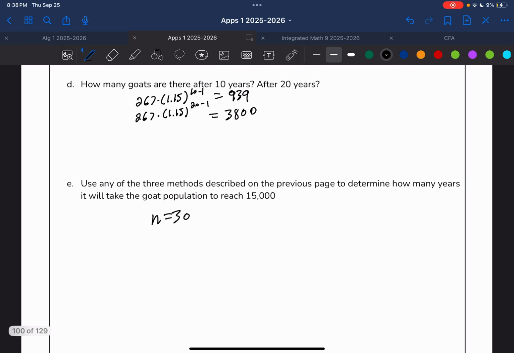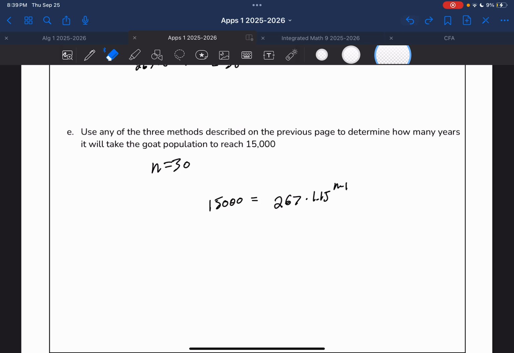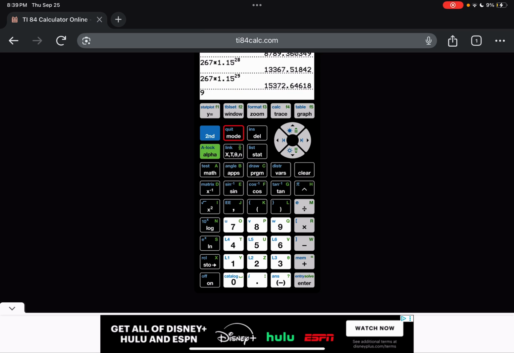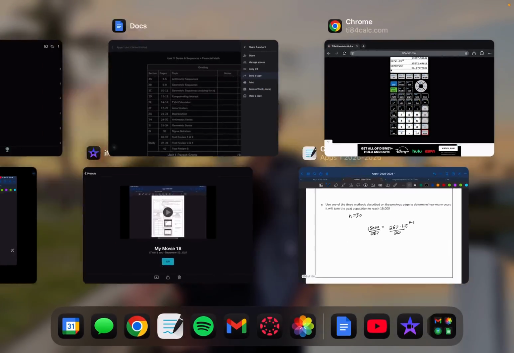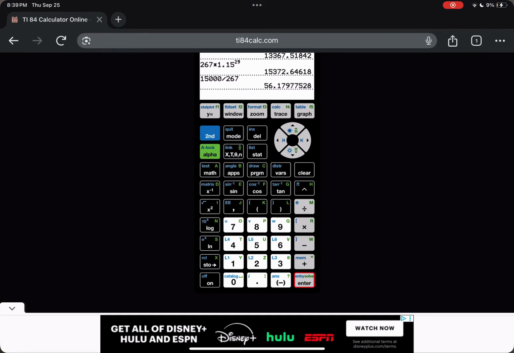Okay, and then the final method, I'll show that this can work with logarithms too. So we have 15,000 is equal to 267 times 1.15 to the n minus 1. We'll start by dividing both sides by 267. If we do 15,000 divided by 267, we get 56.2.